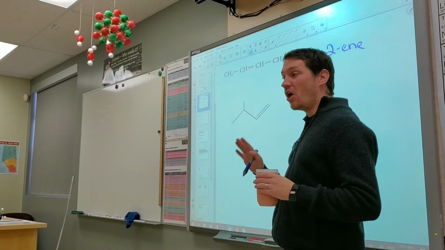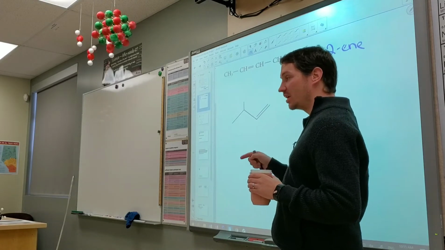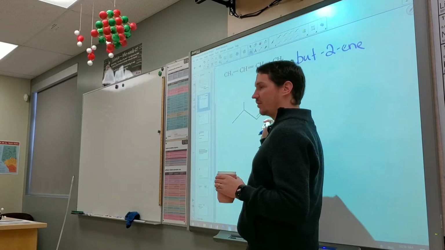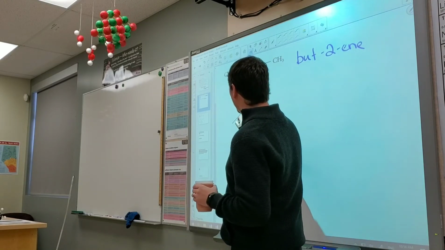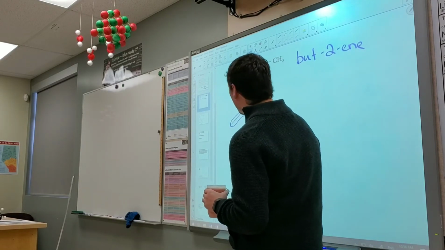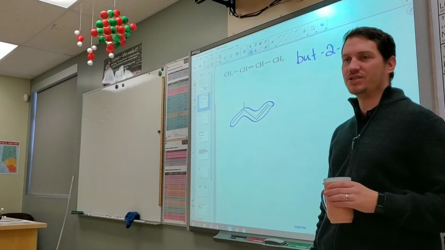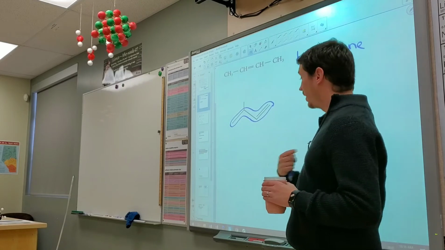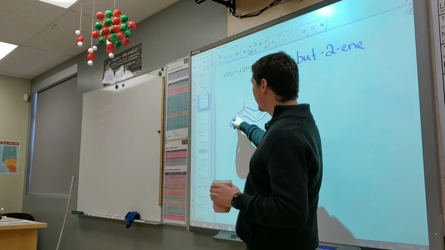Okay, so let's look at the longest parent chain that includes the double or triple bond. Is it everything on the bottom? Are we okay with that? Yes. So this is our parent chain. How many carbons are in that parent chain? I see 4, at the beginning and end of every single line.